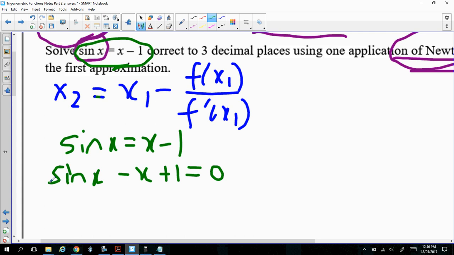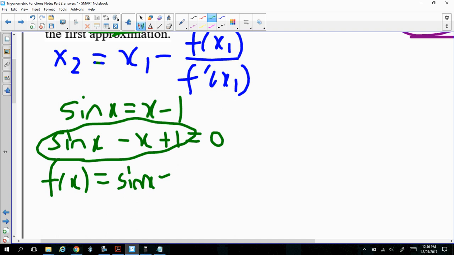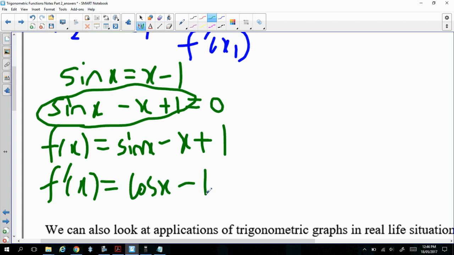That's why I have to do this today, not yesterday, because we hadn't learned the derivative of sine. The derivative of sine x is cos x. After that, we're going to use the formula.